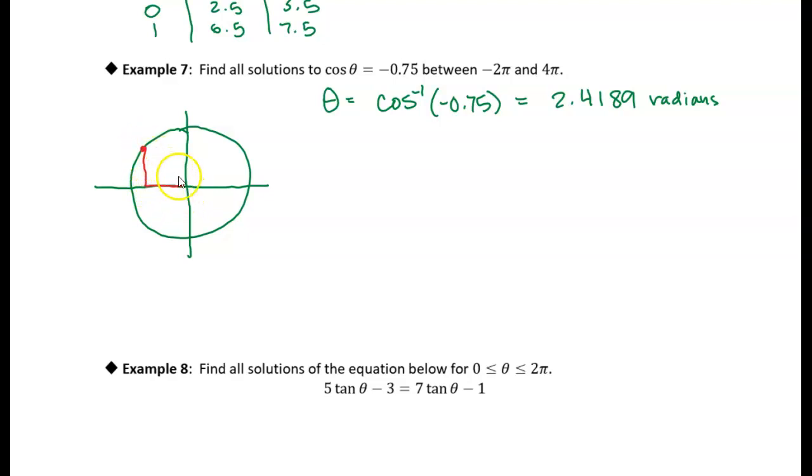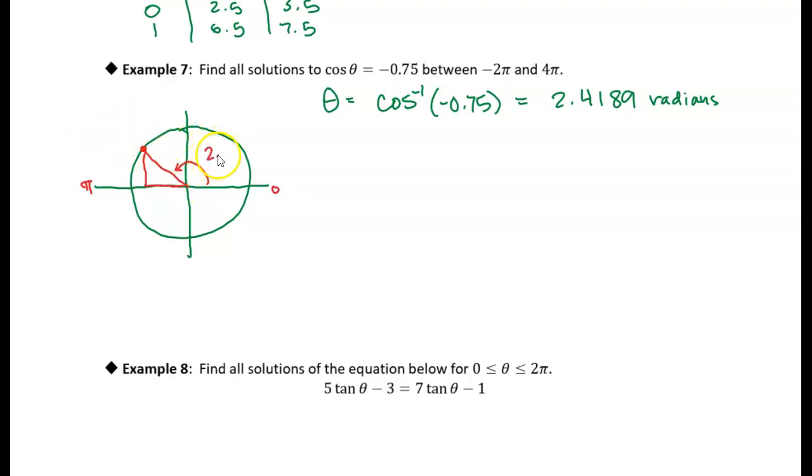That is the angle that we'll get from our calculator, because the inverse cosine is always defined from 0 to pi. So the angle that we got from our calculator is between 0 and pi. This is the solution that we got from the calculator. So this is the angle right here.